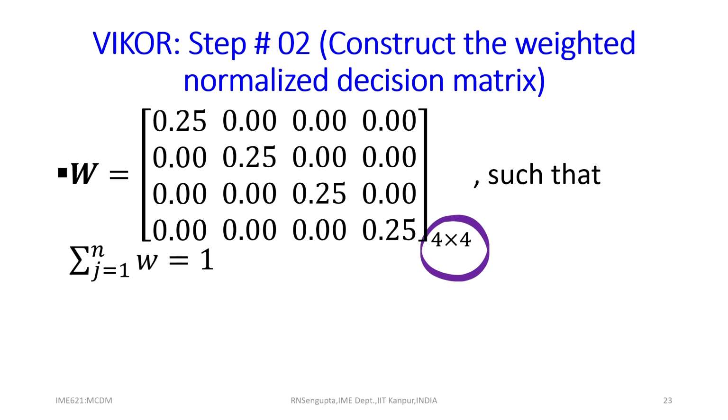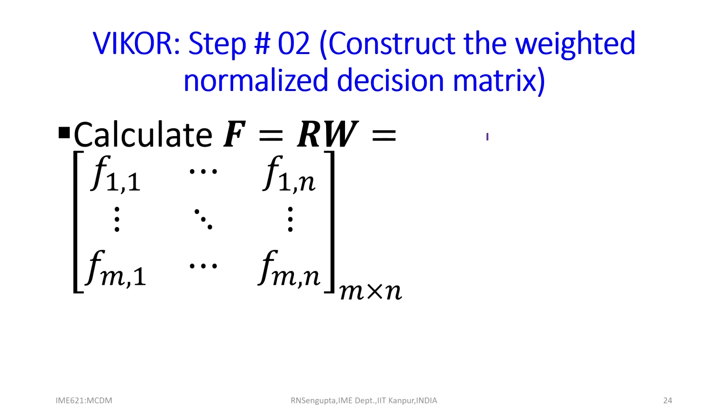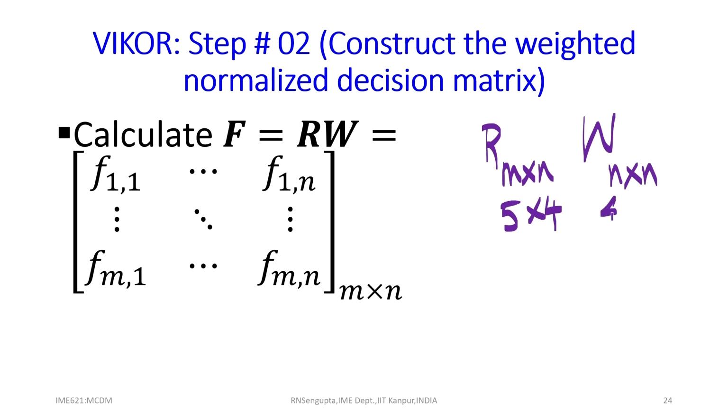So, once I have the weights, I need to find out the multiplicative values of R into W. Remember, which is very obvious, the size of R and W should be in such a way that you can multiply the matrices, which means here the size of R is given by m cross n, which is 5 cross 4, and W is given by n cross n, which is 4 cross 4.